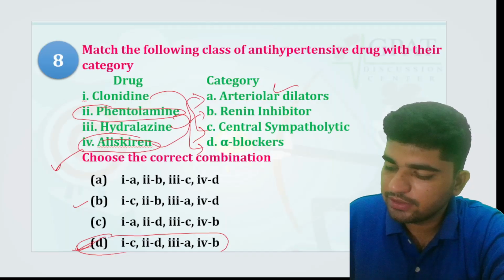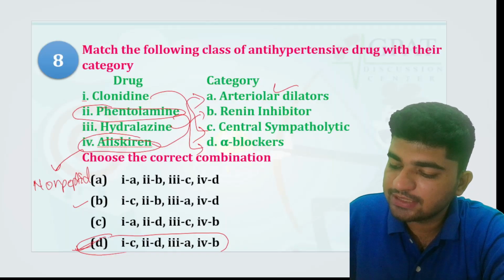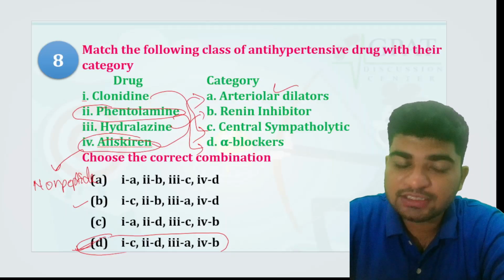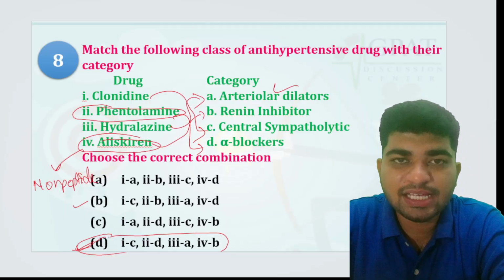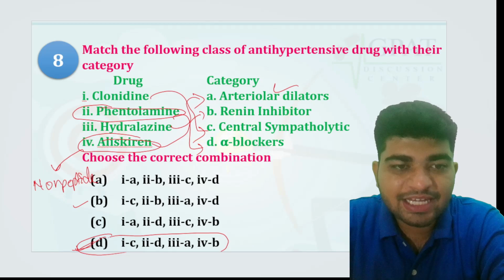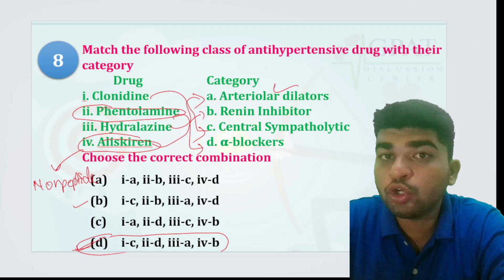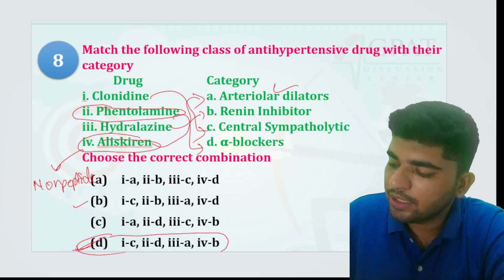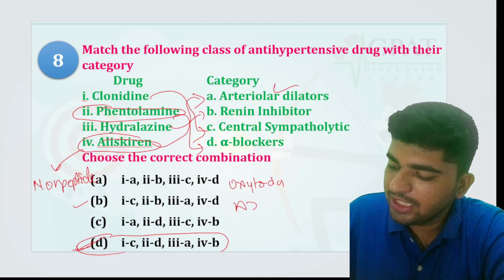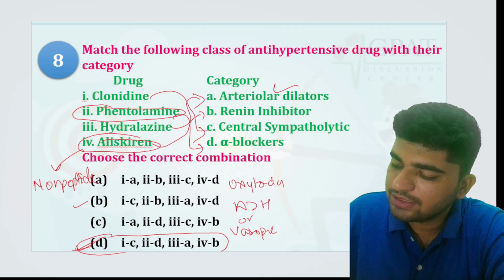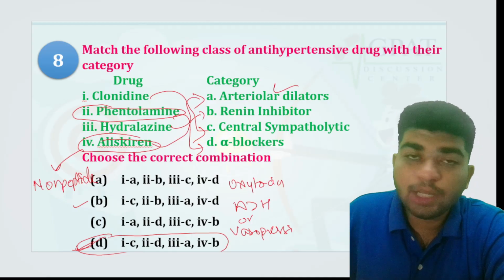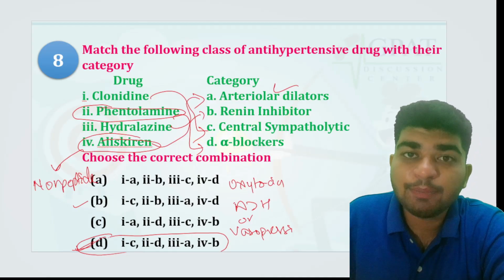This is generally asked in exams: which kind of peptide is aliskiren in nature? Aliskiren is non-peptide, not a nona-peptide. Nona-peptides are oxytocin and ADH or vasopressin, which have 9 amino acids.